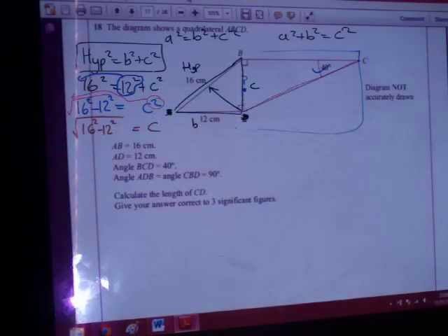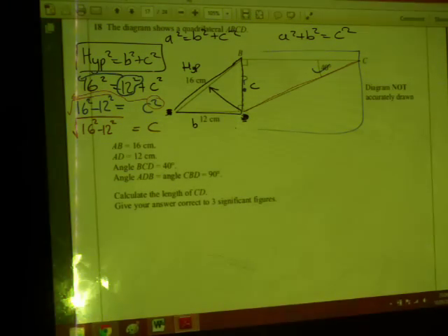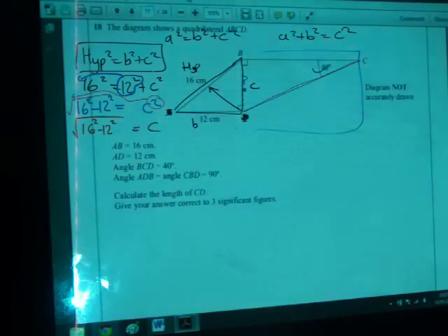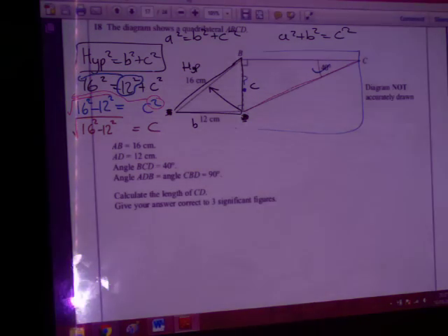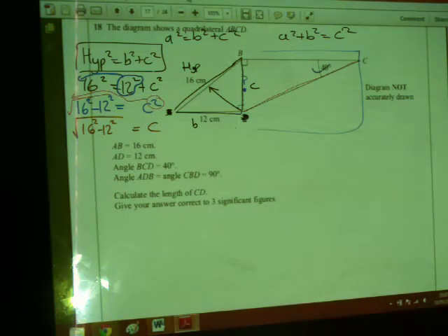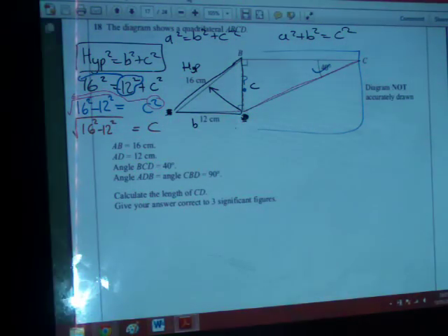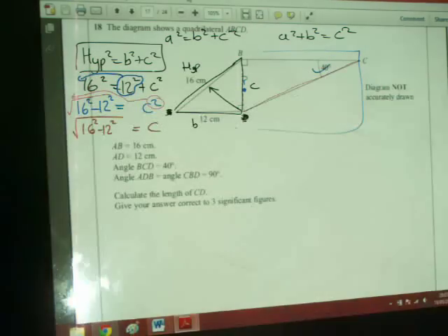Okay, Isa, have you worked that out on your calculator? Okay, I'm going to give you a moment to work that out, please, folks.